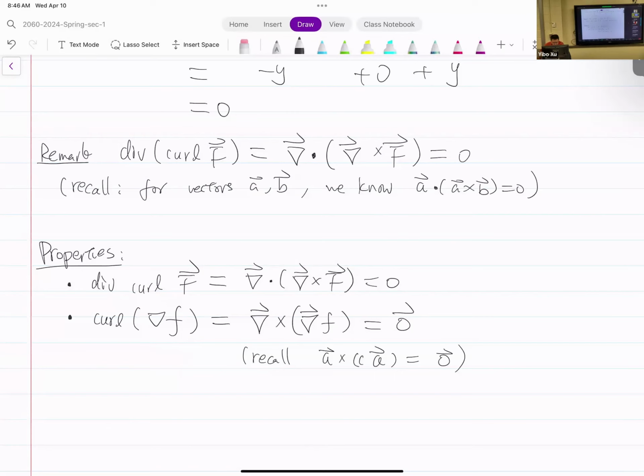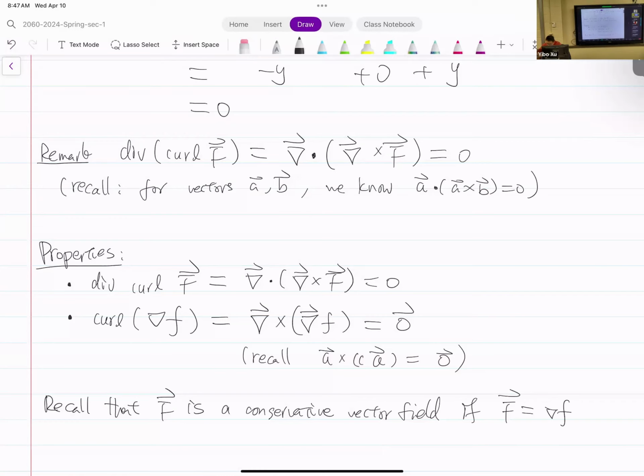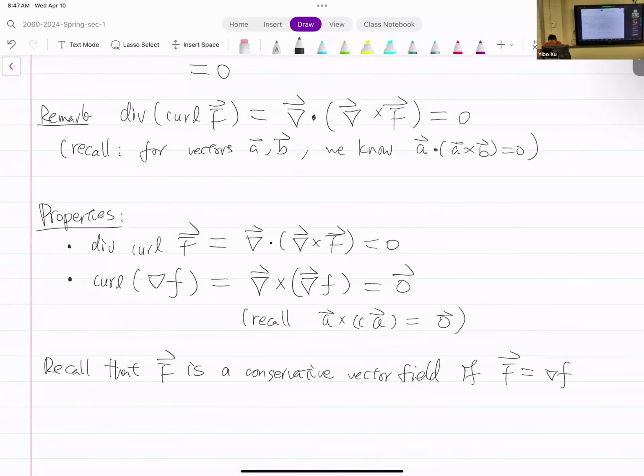So recall that f is a conservative vector field if we can find the potential function little f such that f is the gradient of little f for certain multivariate little f.